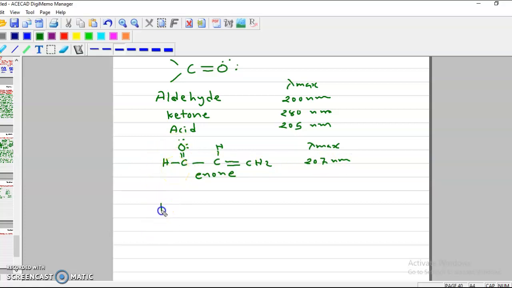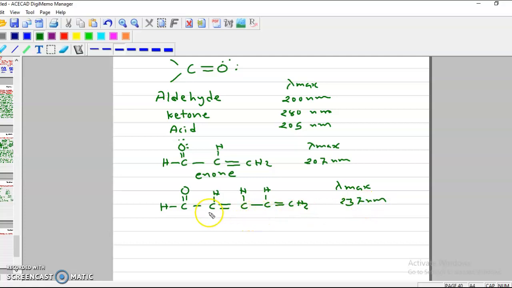Now, in case of more conjugation in the system, like CH double bond CH, and we put one more pair of carbon with C double bond C, then one more conjugation is there, so the wavelength will be a little bit more, that is 237 nanometer.